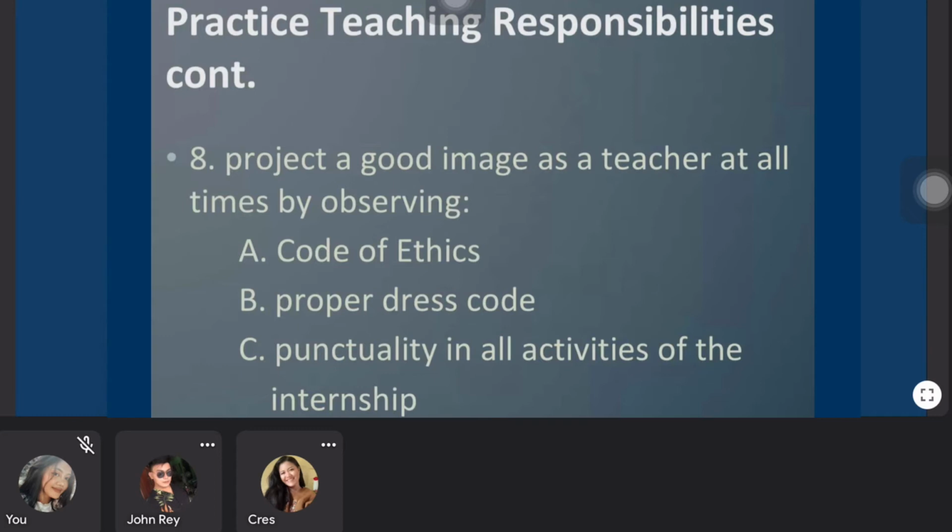If we have read that, then we should start applying our code of ethics, and then proper dress code, that even if we dili mo uniform outside, we should dress in formal and in not revealing clothes. So we should practice that. And then punctuality in all activities of the internship. So we should not be late. We should be early in all our activities.